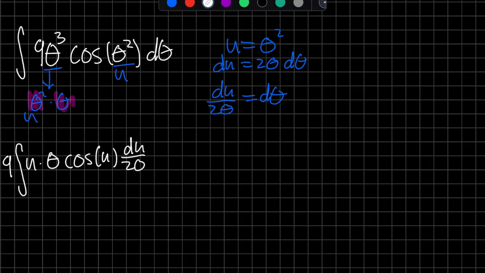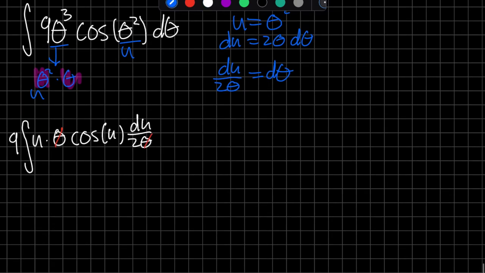over 2 theta. And look, theta cancels out now nicely. This 2 right here is really a 1/2, right? It's being divided by 2, so it's really a 1/2. We can bring that out and multiply it by that 9. So we should get a 9/2 on the outside.